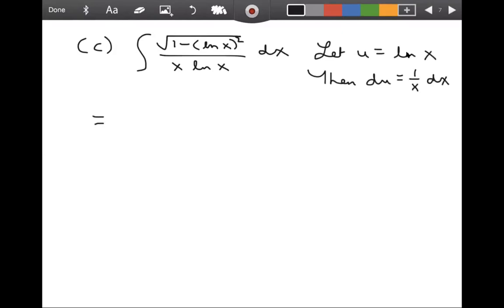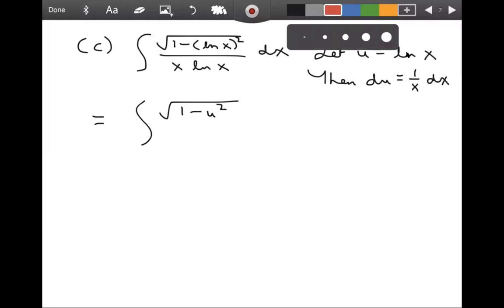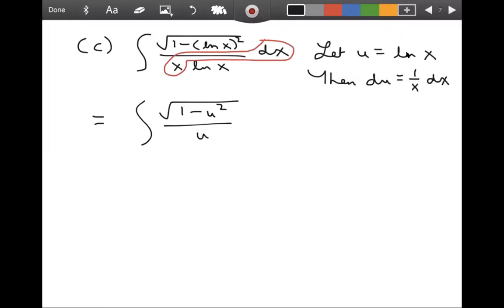All right, so this is going to give us the square root of 1 minus u squared. And now notice that dx over x is going to turn into du. But I do have another natural log x in the denominator, and that has to get replaced with u. Now, this looks a little bit like the one we just did.